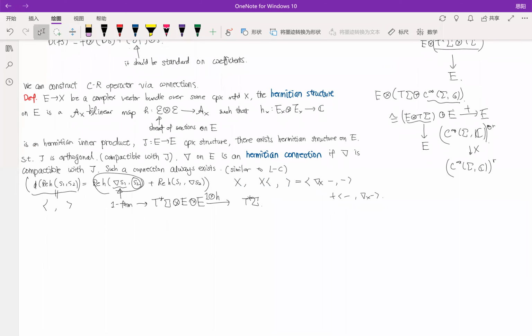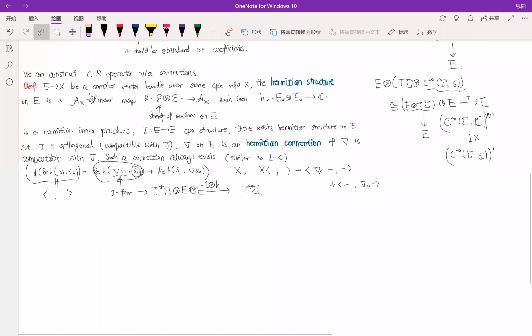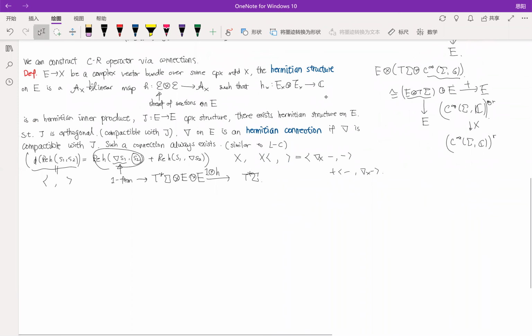So we can also construct Cauchy-Riemann operators from this Hermitian connection, because since this connection is a Hermitian connection, we can just take the 0,1 part. Then this will be a Cauchy-Riemann operator.